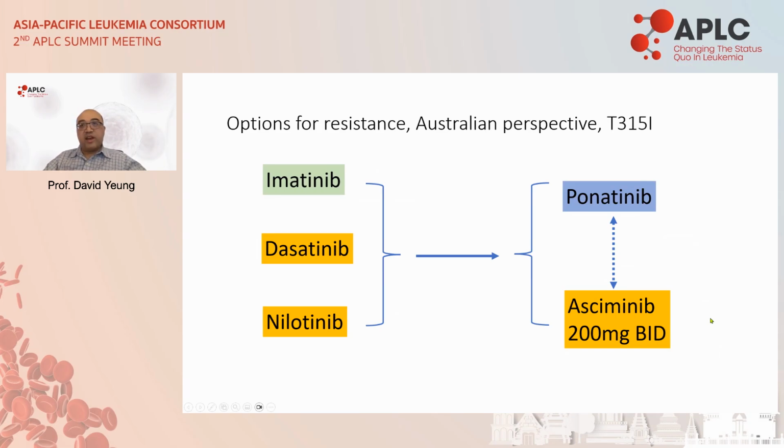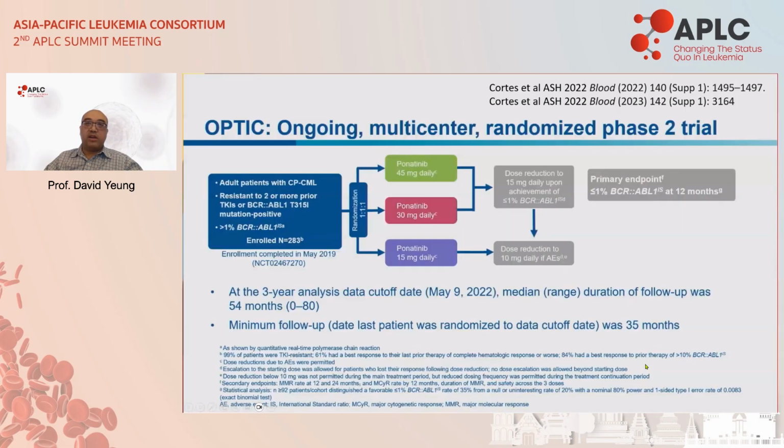So in the next few slides, I just want to go through the evidence for these two third-line options. A couple of slides on the OPTIC study, the most recent study that describes how we use ponatinib.